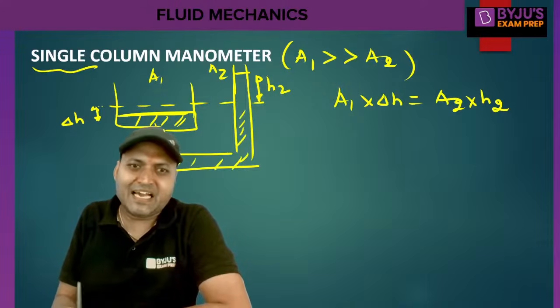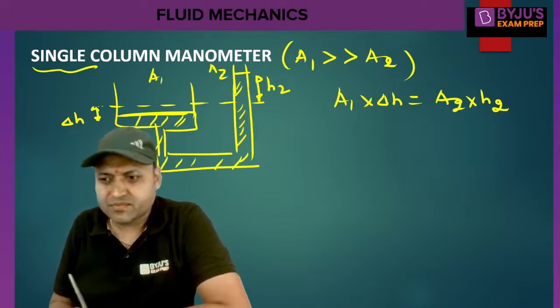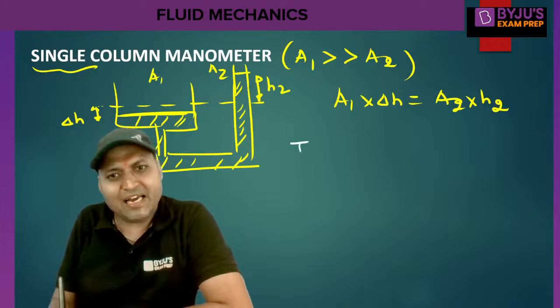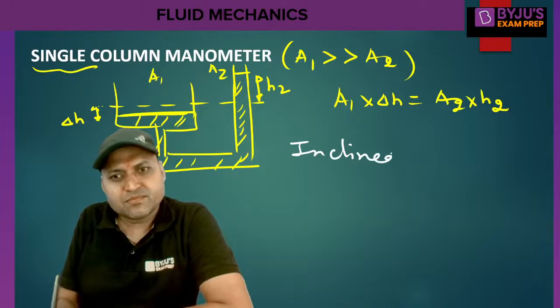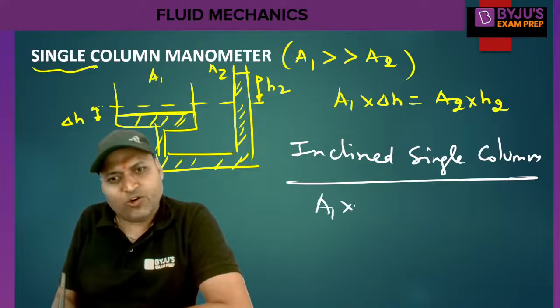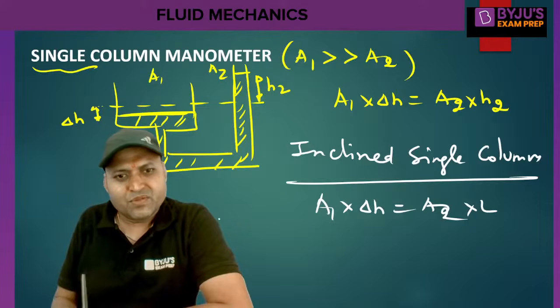For inclined single column manometer, A1 into delta H is equal to A2 into L. What is L?